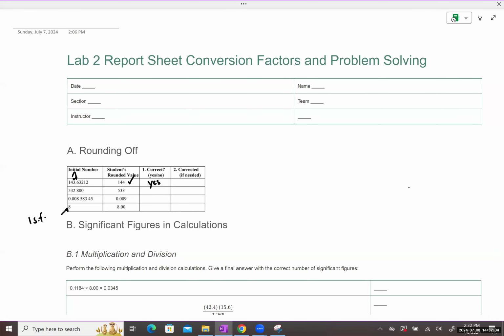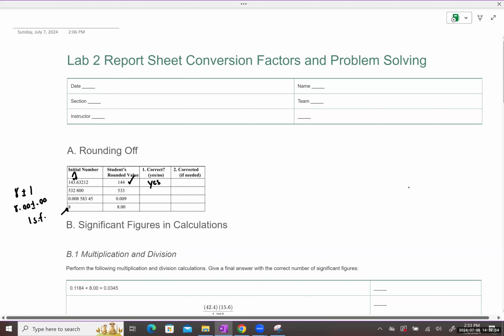And when you're rounding, you can't really add significant figures during the rounding process. This 8 is really 8 plus minus 1, give or take. So if you add additional significant digits to 8.00, you're implying a level of precision that you haven't actually measured.